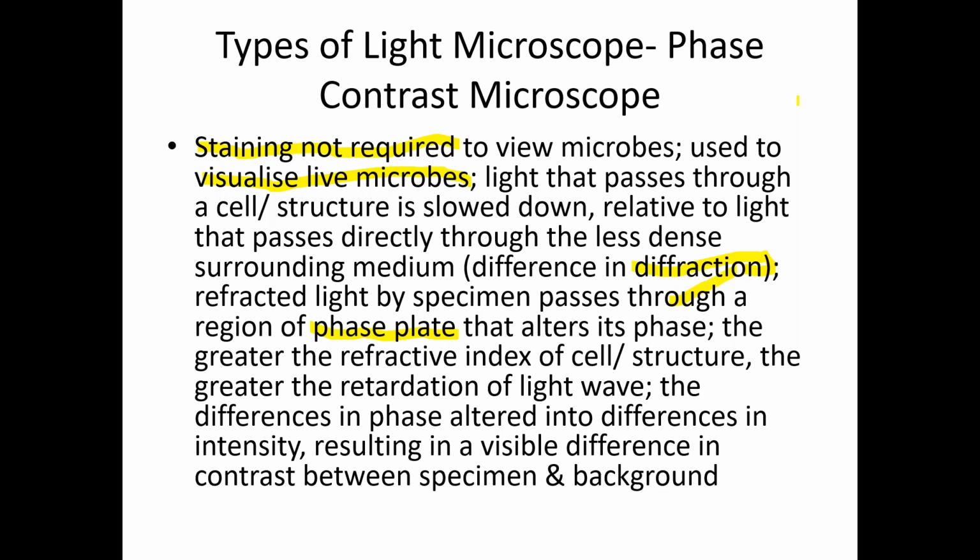So finally, the differences in phase become differences in intensity, resulting in a visible difference in contrast between the specimen and the background. As a result, we can observe the microorganism against a background. Clear? So this is the phenomenon of the phase contrast microscope.